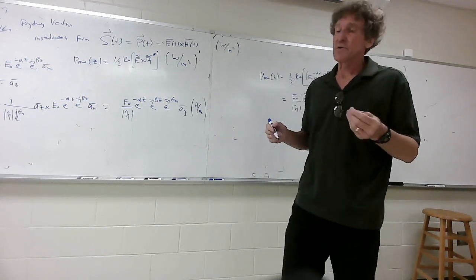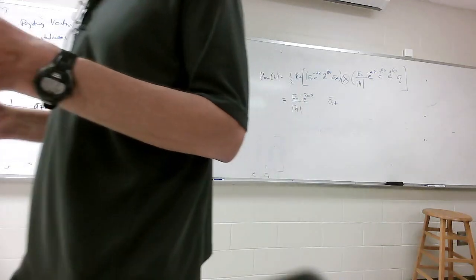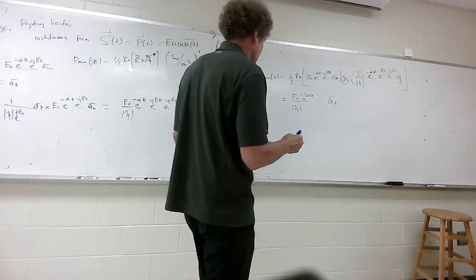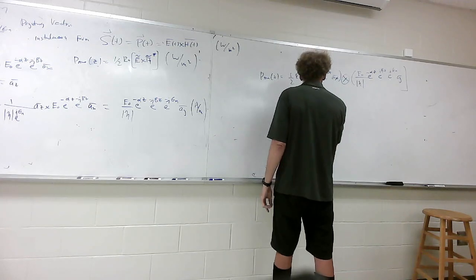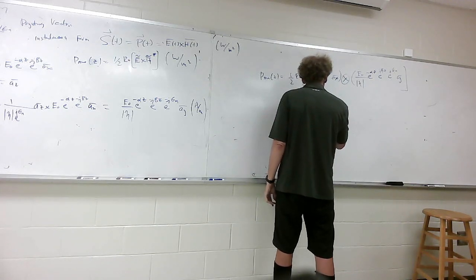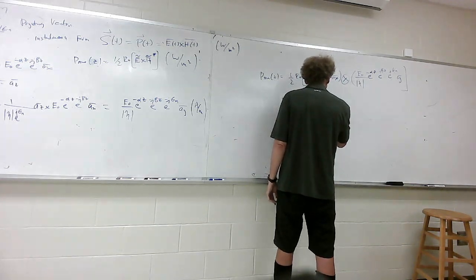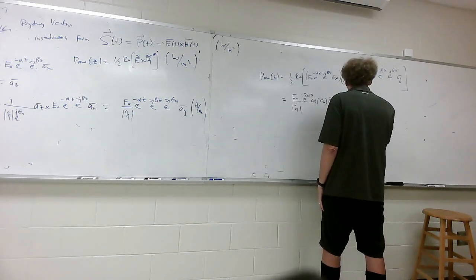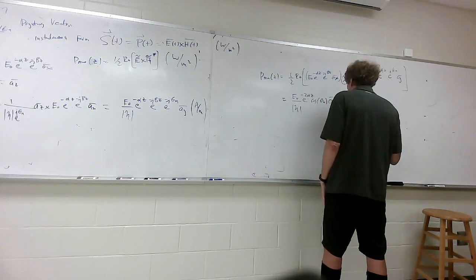What's the real part of e to the j theta eta? Cosine. That's right, just the cosine of that angle. And that is the average power flow in watts per meter squared.